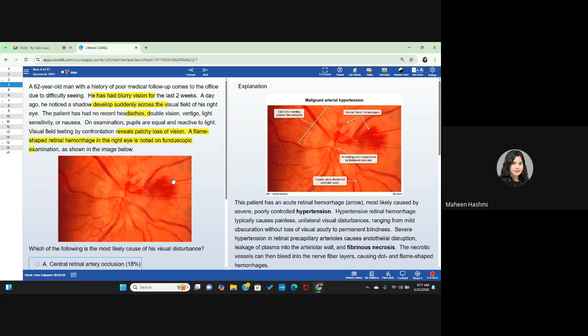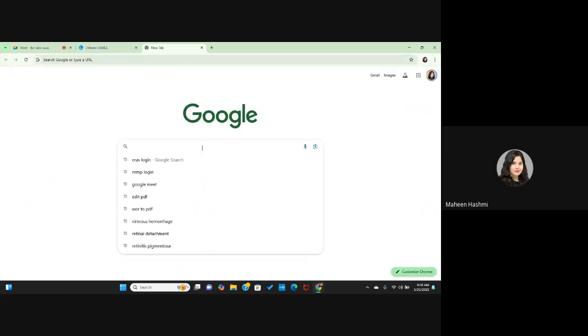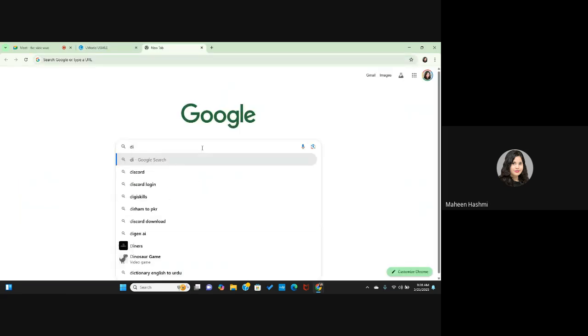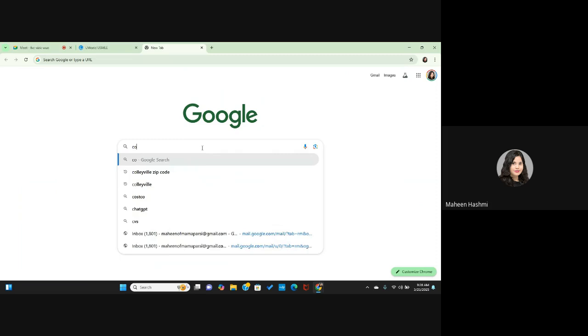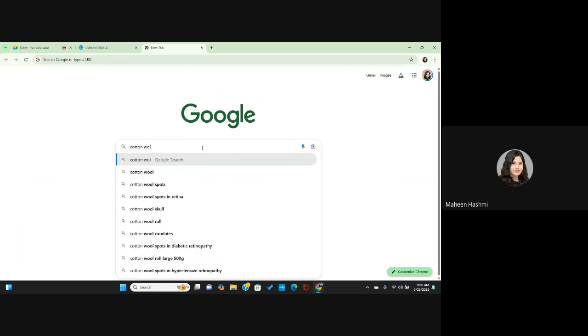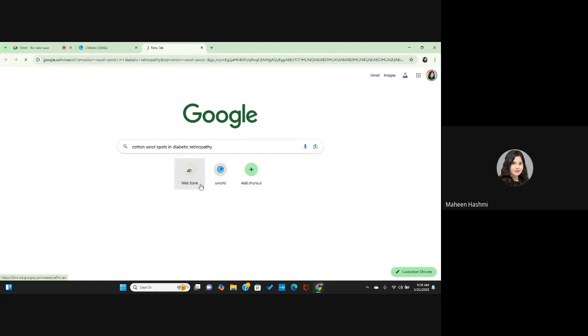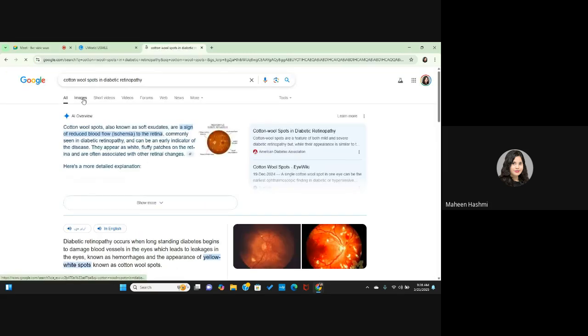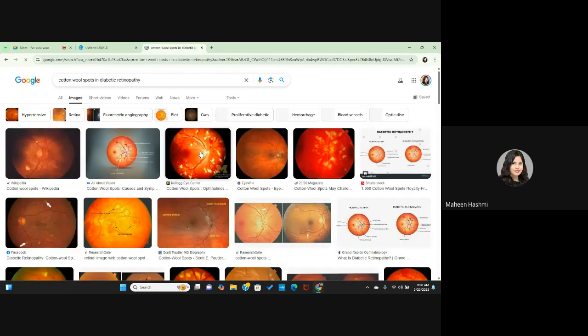You will have a fundoscopy which will be a yellowish type color, which I'll show you over here. Cotton wool spots in diabetic retinopathy. You will have a picture. Yeah, this picture I was referring.